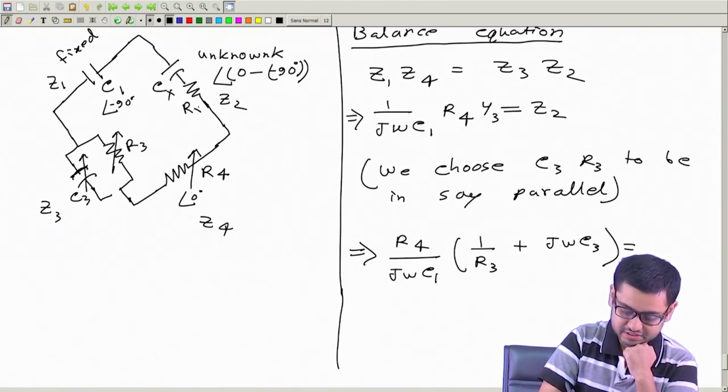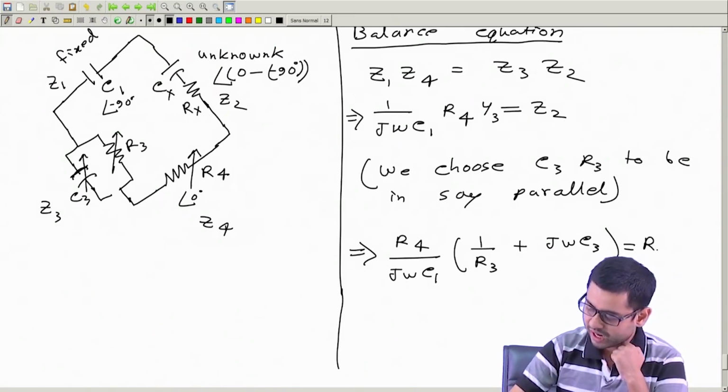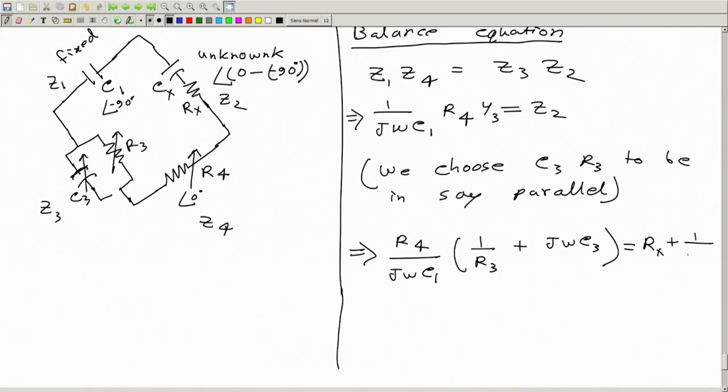Cx Rx. So, then we can write Rx plus 1 by j omega Cx. Now, you can equate the real part to real part and imaginary to imaginary part. We will have two equations. First equation, say this part, which is the imaginary part, gives R4 by C1 R3.